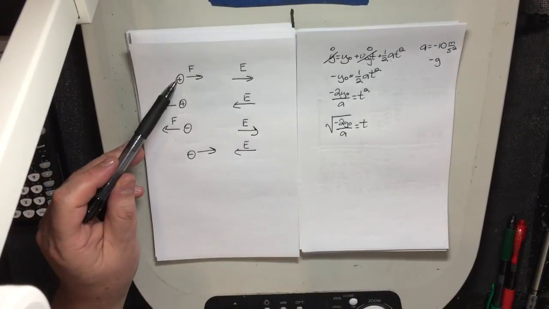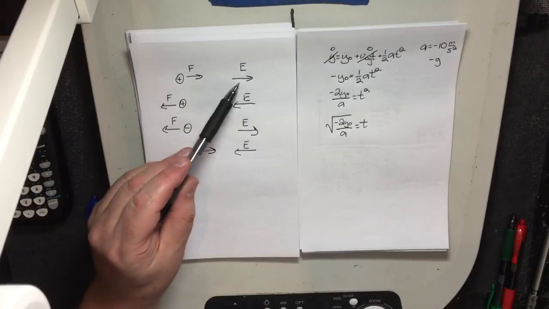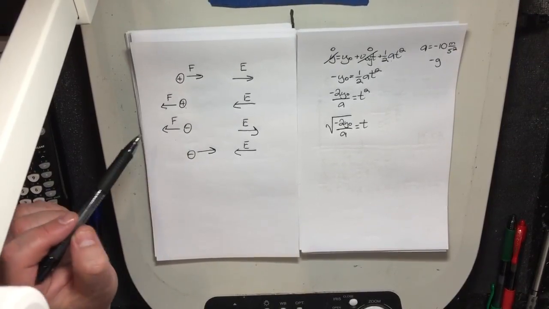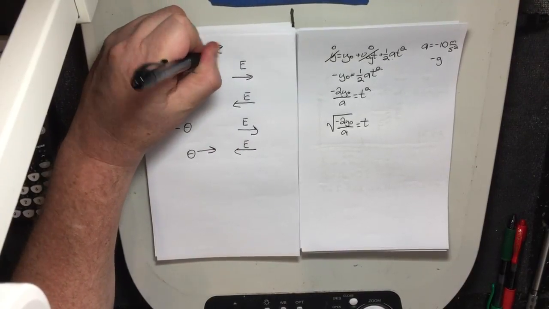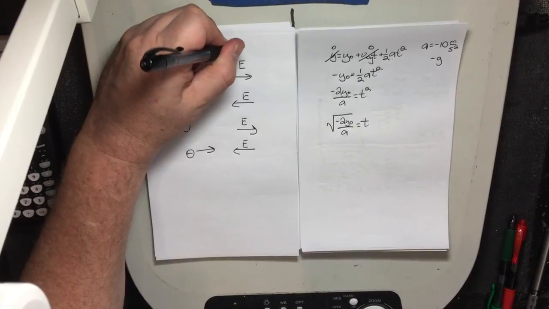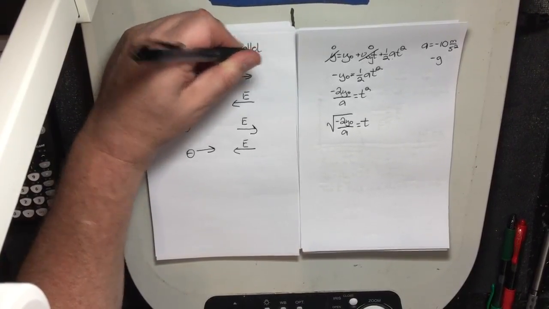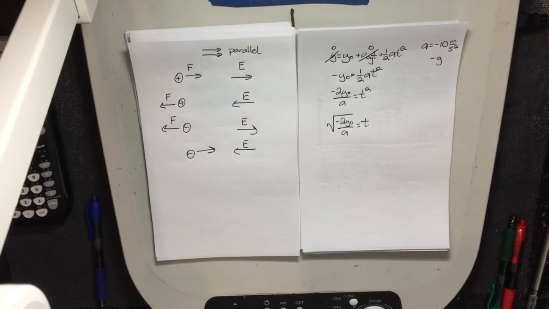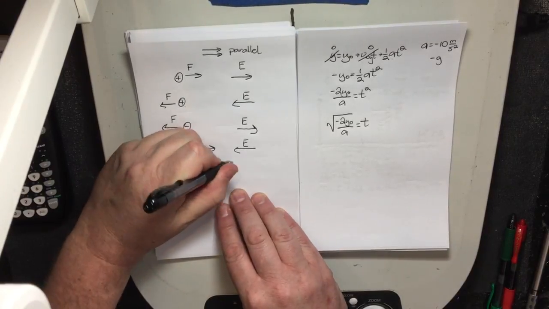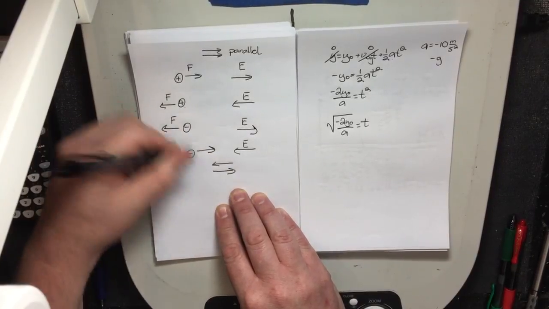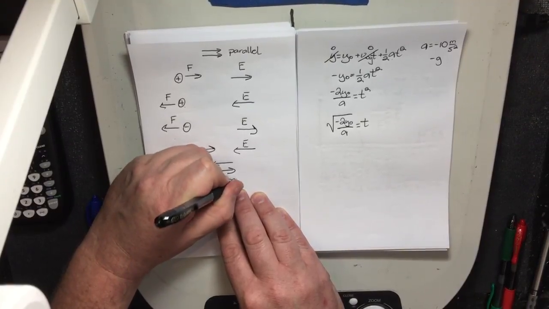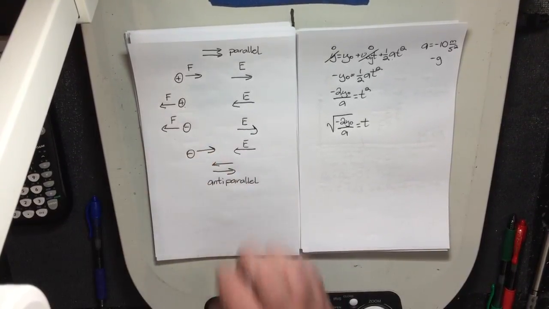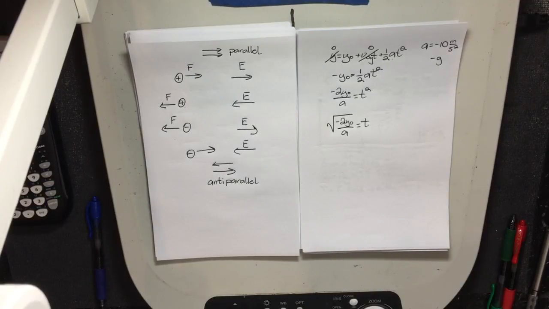In all these cases, the positive charges are moving in the direction of the electric field. In a way, we'll introduce a new term. The vectors are parallel. They're in the same direction, they're side by side. This, which is what the negative charges are doing, it's called anti-parallel. They're of the same magnitude but opposite directions, and they still don't touch.